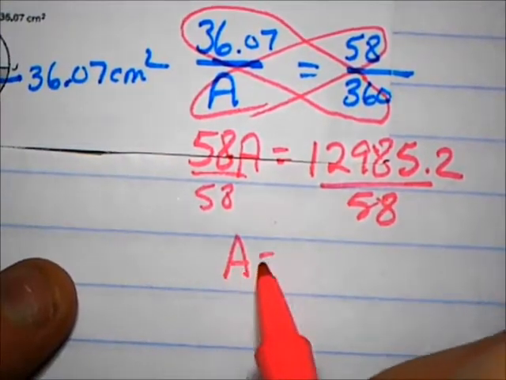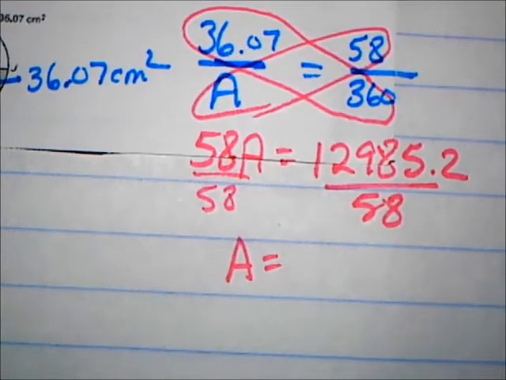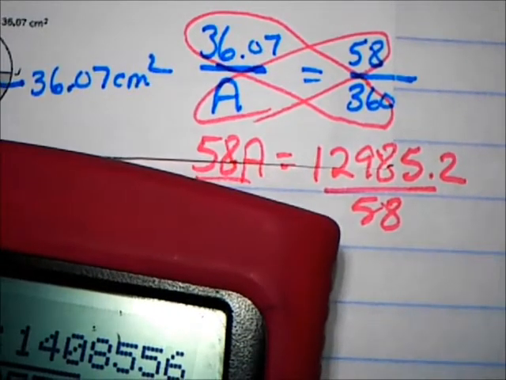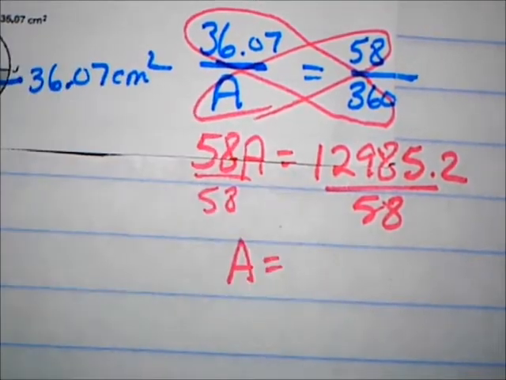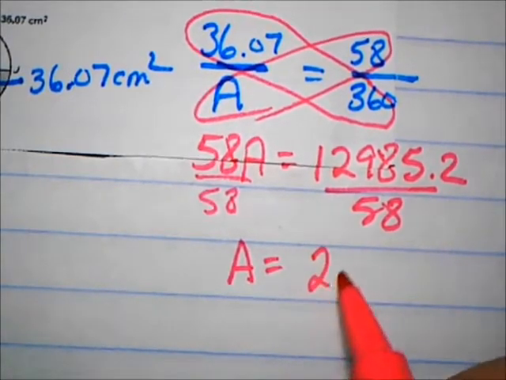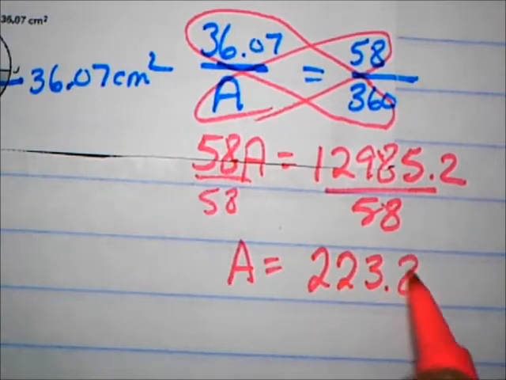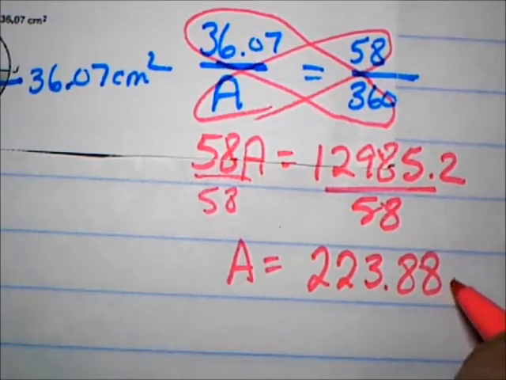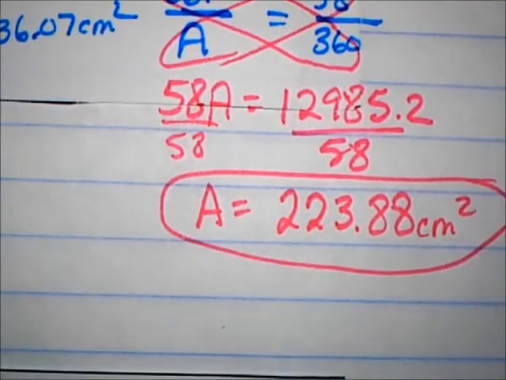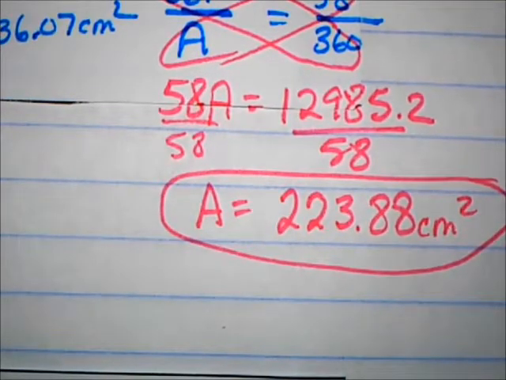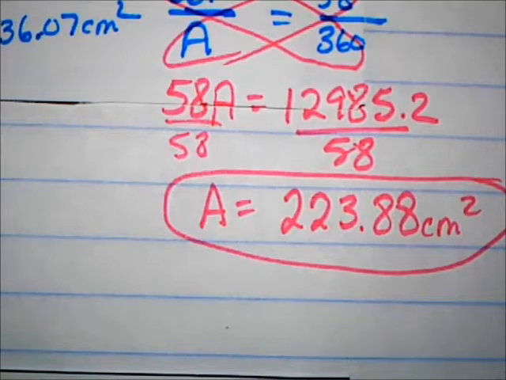That'll tell me my area. It tells me this is 223.88 centimeters squared, the area of the circle. Okay, and that was part A.